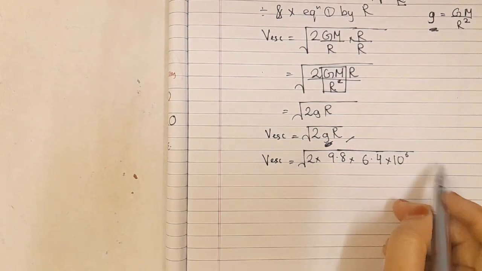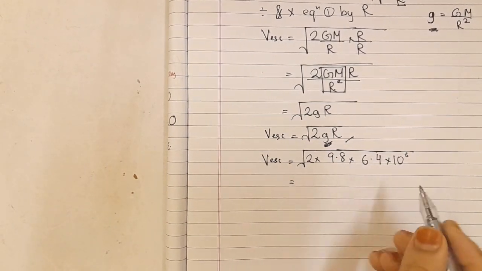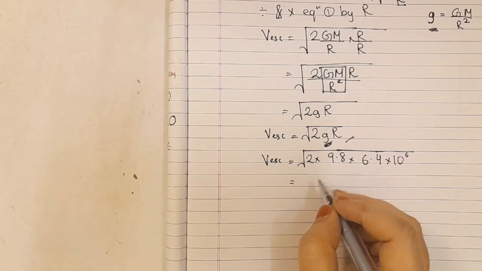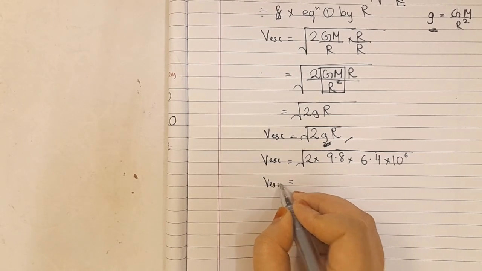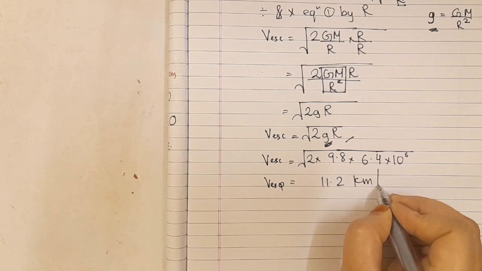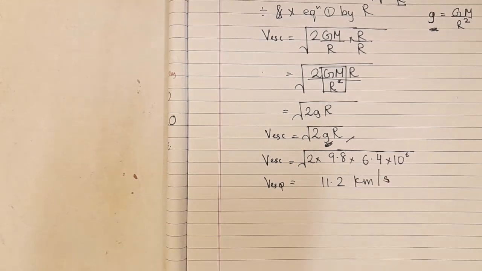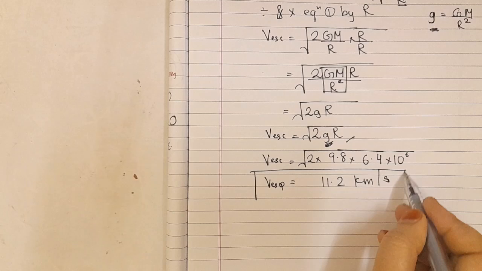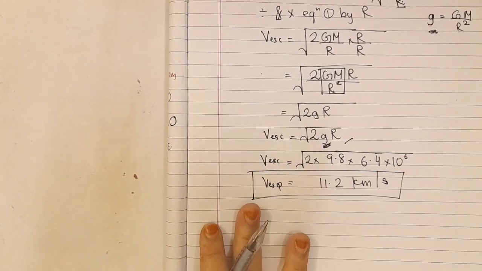So student, after calculating this whole term, multiplying and taking the square root, we get the escape velocity value as 11.2 kilometer per second. So student, here we have completed gravitation part 2.